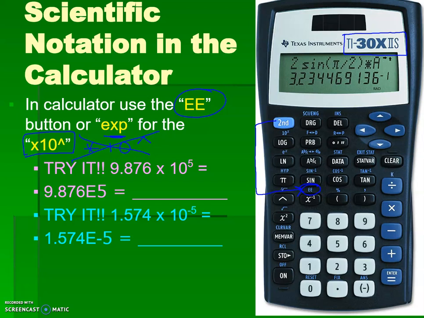All right, so I highly suggest you go get your calculators right now and you try it because there's a couple of creepy things about this, and I don't know why Texas Instruments does this.